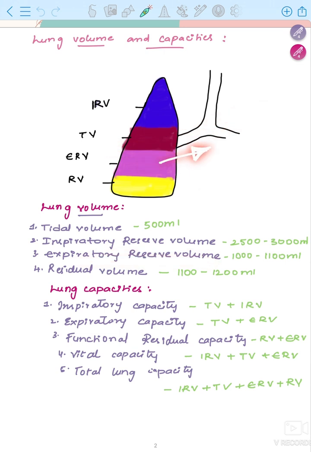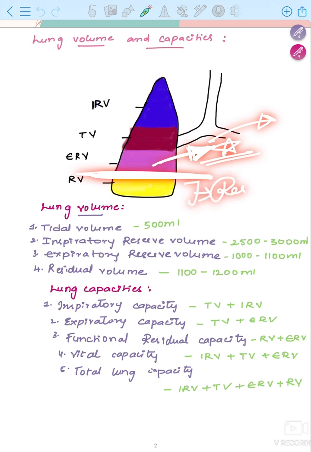After the expiratory reserve volume, a person is expiring forcefully, so this expiratory reserve volume will go out of the lung, right? Some amount of air which remains in the lung is known as residual volume.